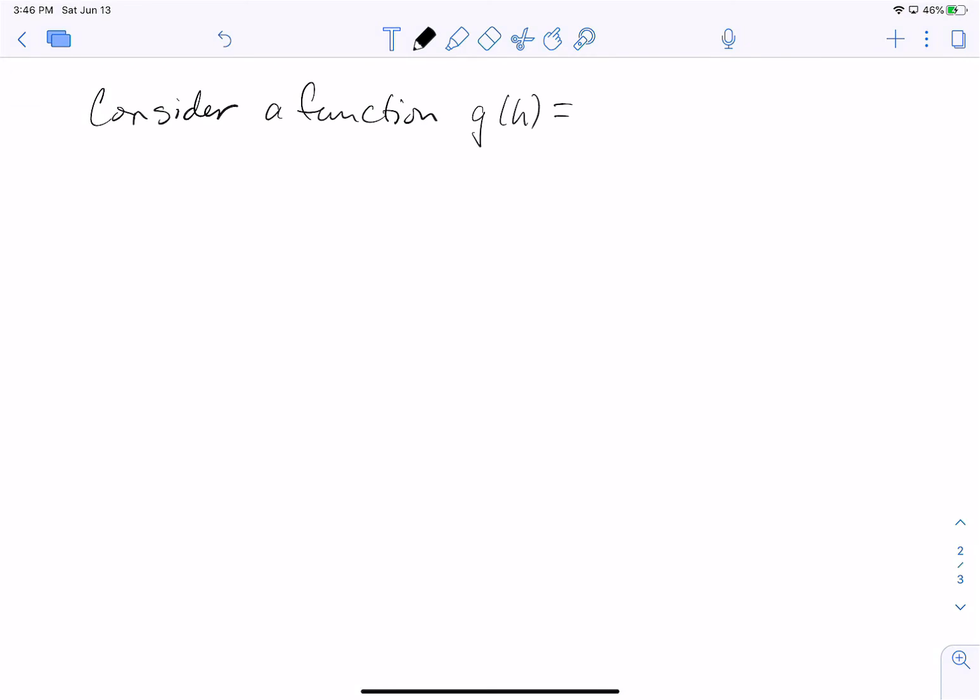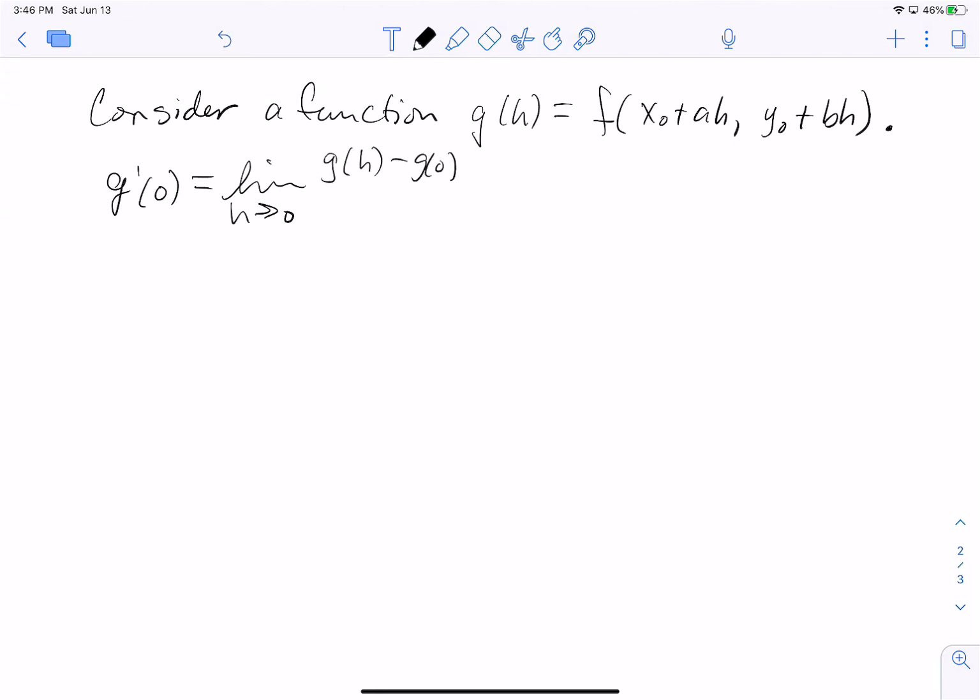Consider a function g of h that is given by f of x naught plus ah, y naught plus bh. Right? So those components x and y that we saw before that gave q. Then g prime of 0 is equal to the limit as h approaches 0 of g of h minus g of 0 divided by h.